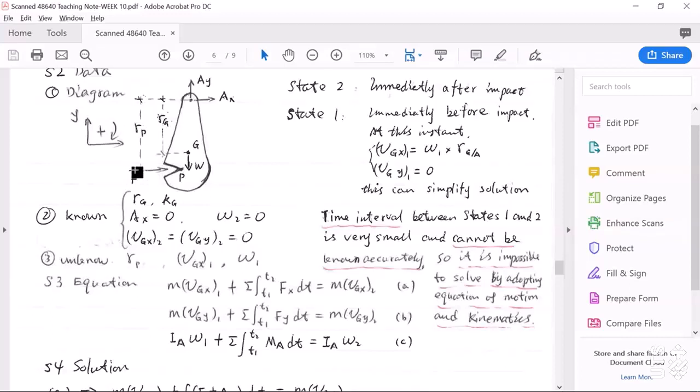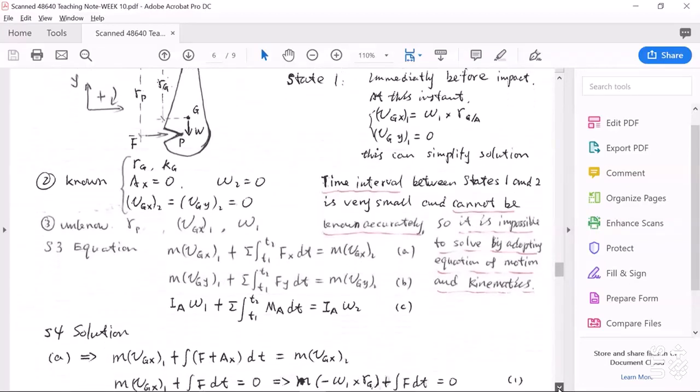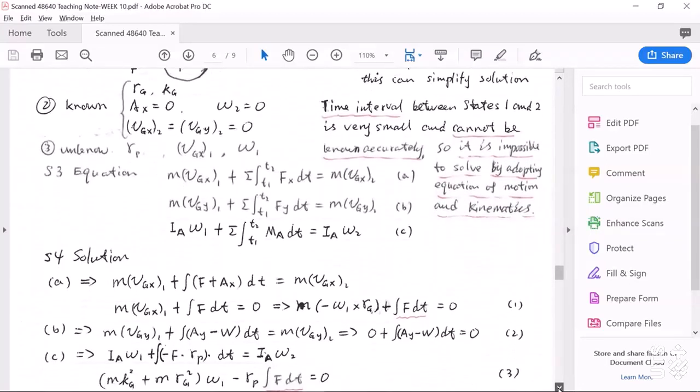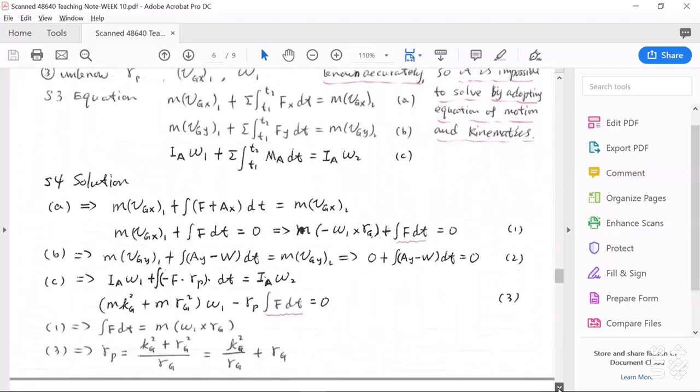The moment of F about point A should be counterclockwise. According to this defined coordinate system, it should be negative. So that's why there is a negative sign before F times Rp. Okay, that's our third equation.